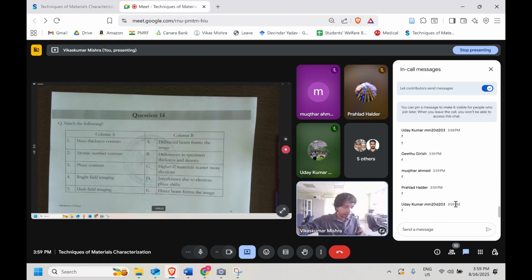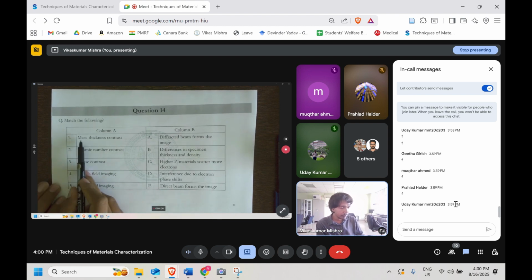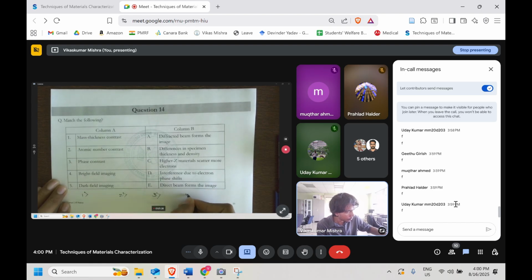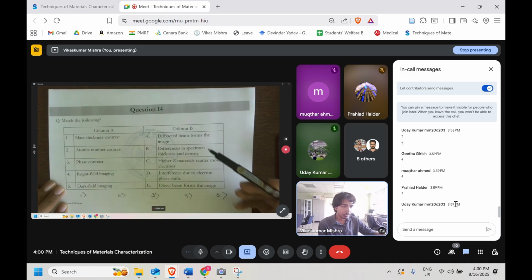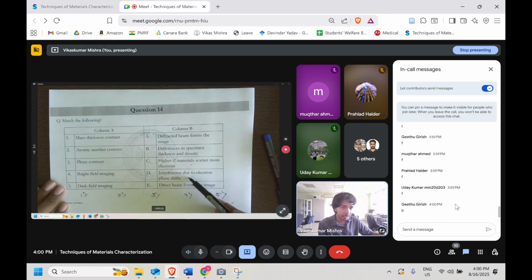It's a match-the-pair type. Guys, please go through this. The first one is the mass thickness contrast. What do you think? Which one will be the right answer? For the mass thickness contrast: difference in the specimen thickness and density, high Z material scatters more.